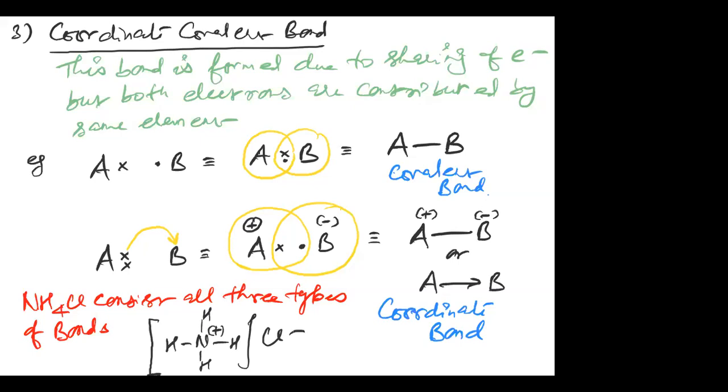So it consists of three covalent bonds, one coordinate bond, and an ionic bond between the ammonium ion and chloride ion. It consists of a cation and anion, so it is confirmed there is an ionic bond. And in the ammonium ion, we have three covalent bonds and one coordinate bond.